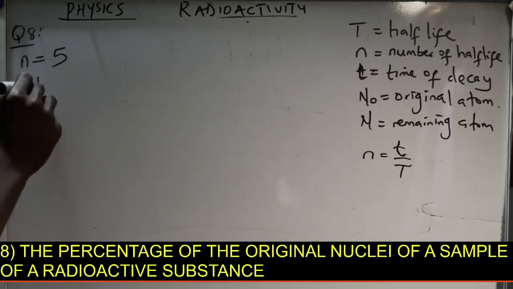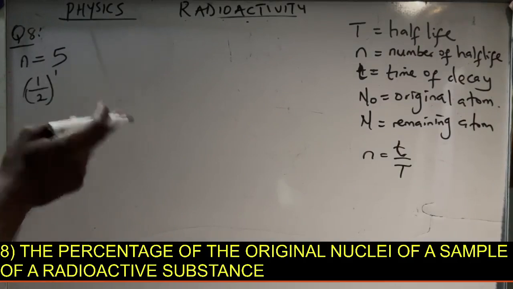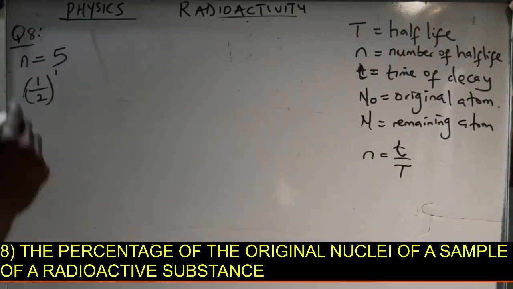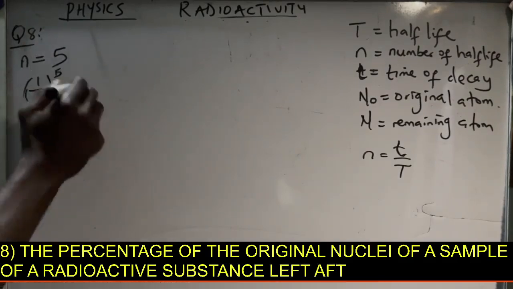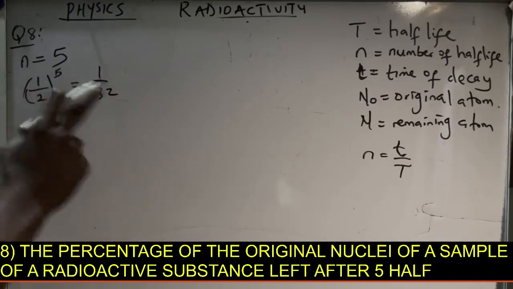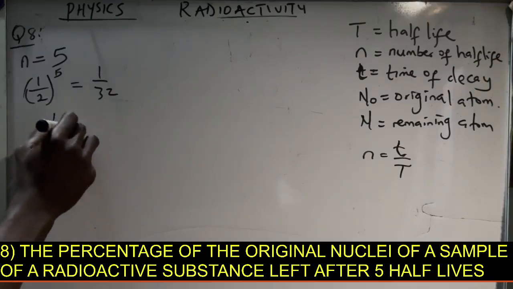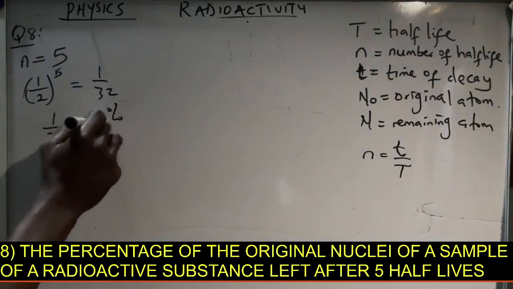After one half-life, it's actually 1 over 2 raised to power 1 that remains. When they say after 5 half-lives, it's 1 over 2 raised to power 5. So that gives us 1 over 32. This is the fraction that remains. Then if that is the fraction that remains, the percentage of it is going to be 1 over 32 times 100%.